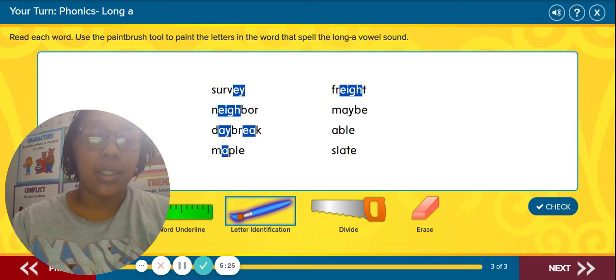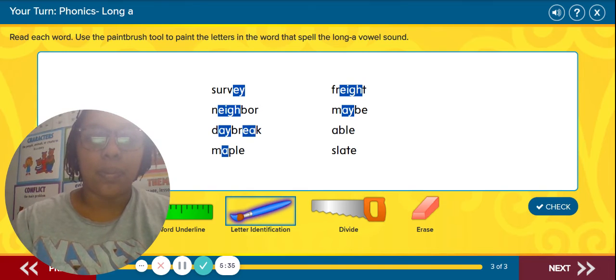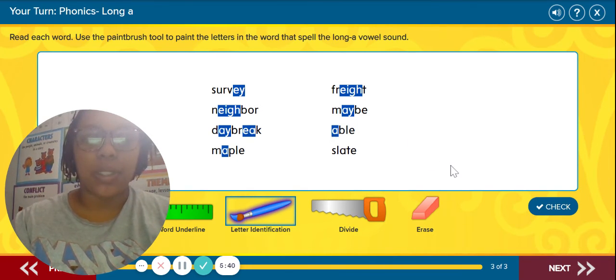What pattern do you see? That's right, AY. All right, so we also have able. That E is kind of far, so I think it's just the A by itself. And the last one, slate, slate. This one has an A with a silent E close by.